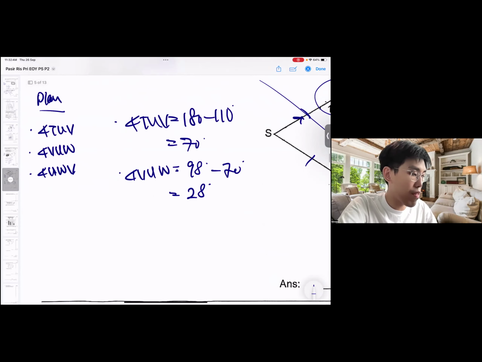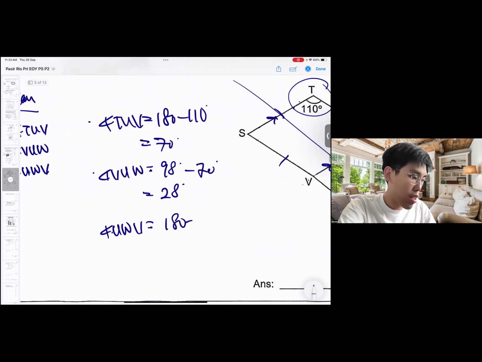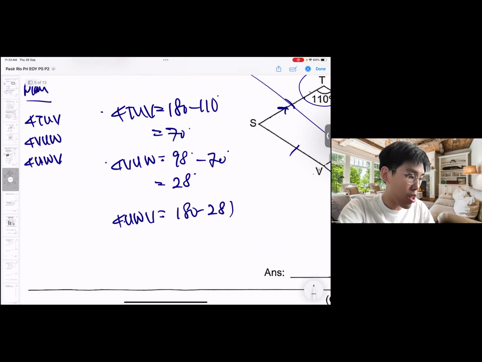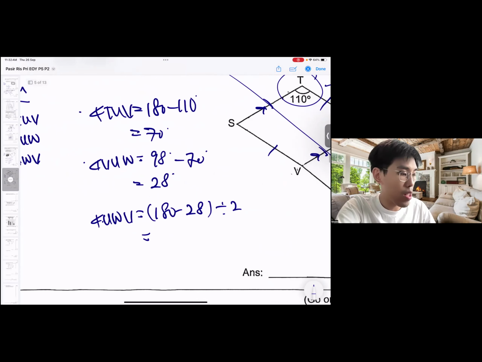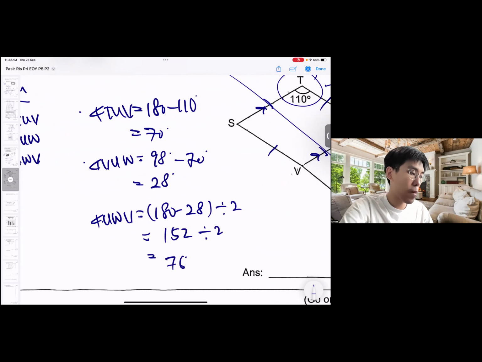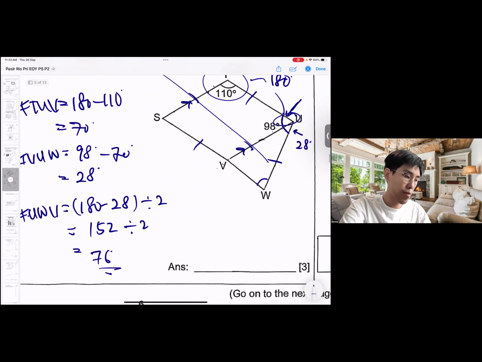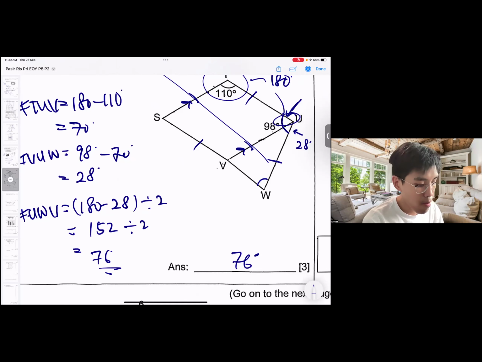Then from here, we can find UWV, which is 180 minus 28 divided by 2 because they are the base angles of an isosceles triangle. So it will be 152 divided by 2. That will be 76. Answer 76.